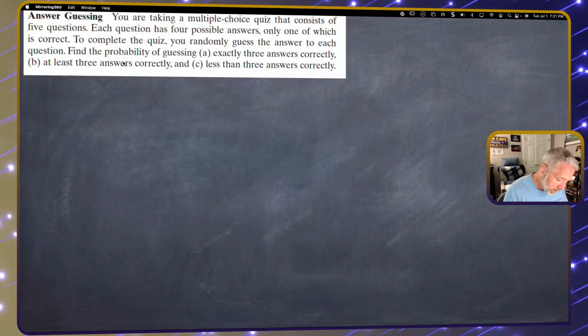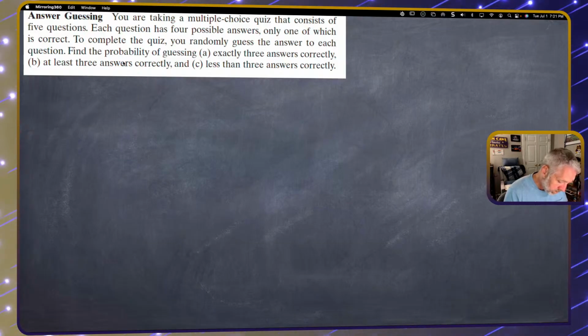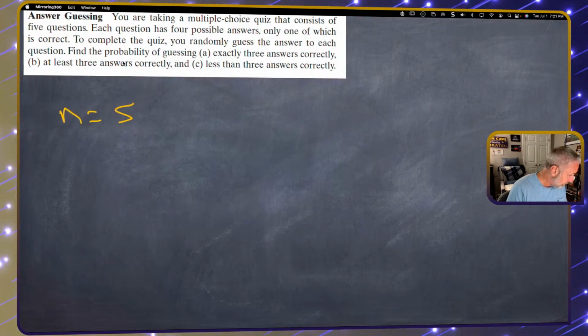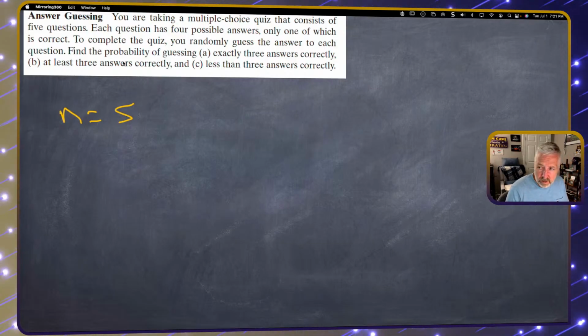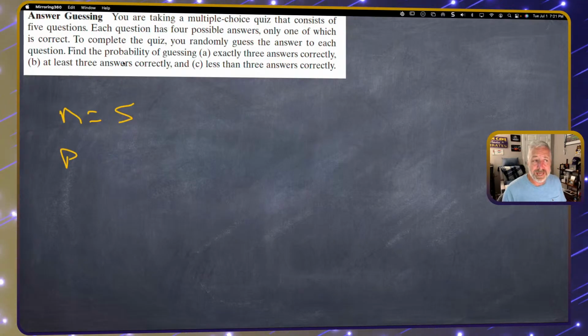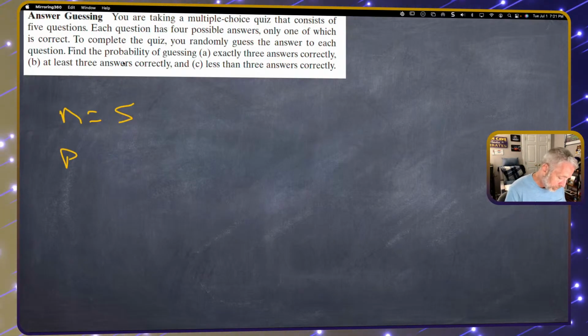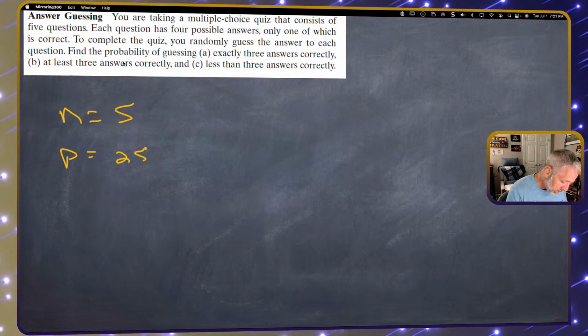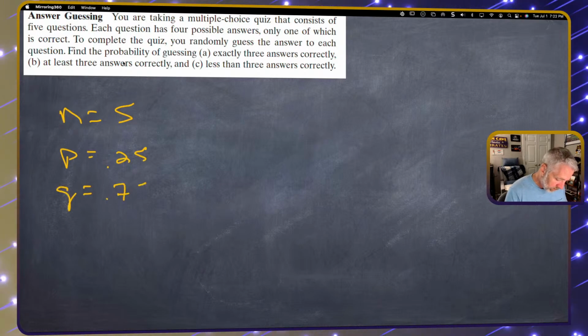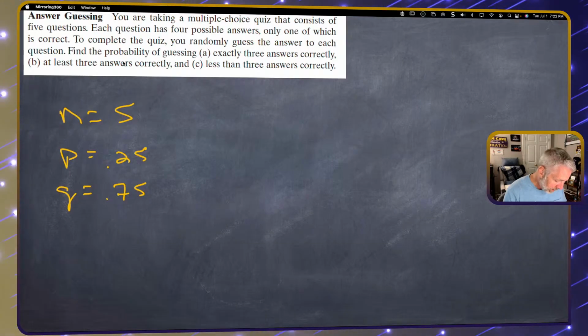Take a multiple choice quiz, consists of 5 questions. N equals 5. Okay. The probability of success, because there are 4 answer choices, the probability of you guessing the right answer is 25%. The probability of not success or failure, however you want to look at it, is 0.75.